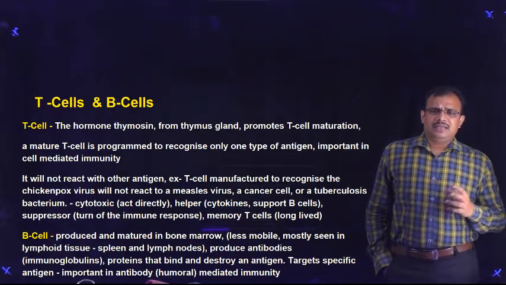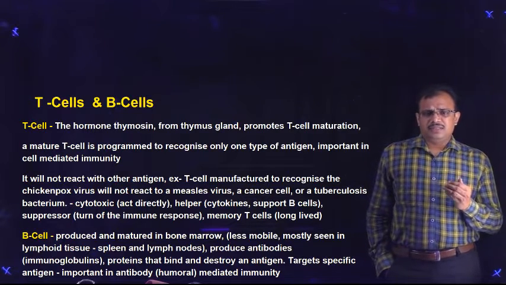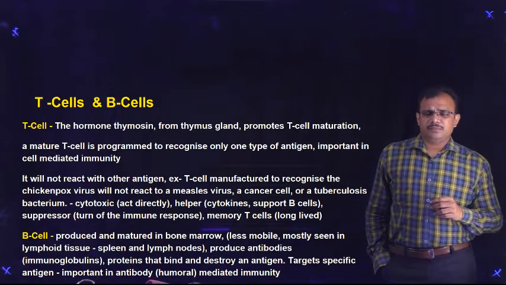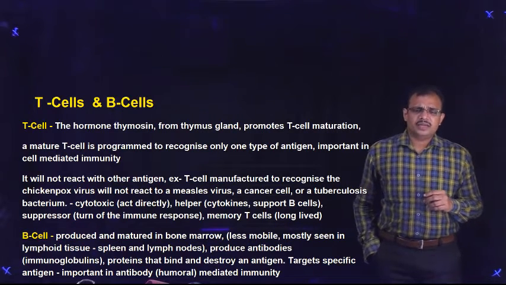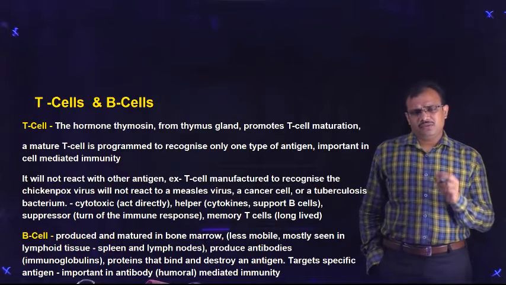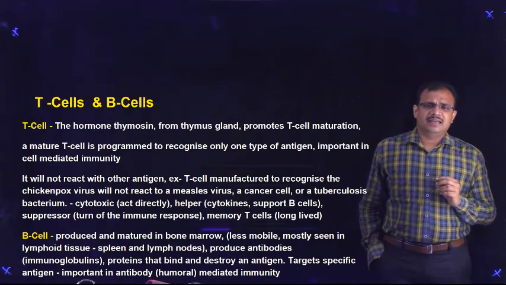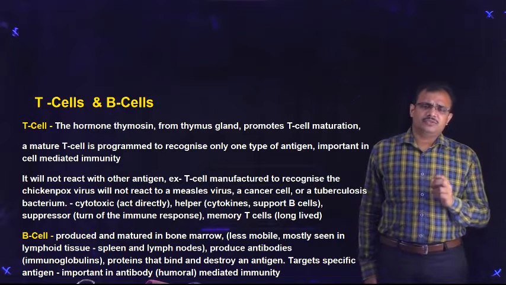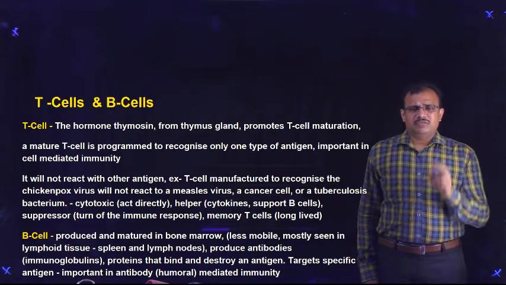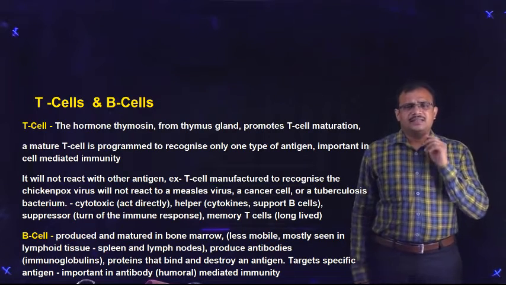We have seen that T cells are programmed in such a way that they will detect one particular type of antigen. For example, take the chickenpox virus and consider it as an antigen. The T lymphocyte which is programmed to detect chickenpox virus will only detect the chickenpox virus.